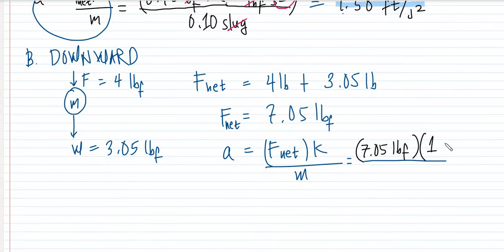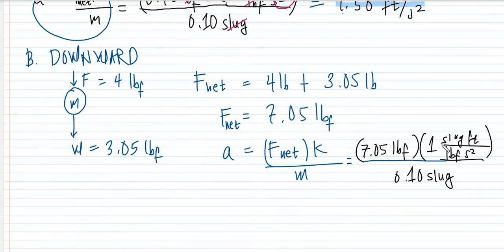Again, K would be 1 slug feet per pound force second square, and our mass is equal to 0.1.